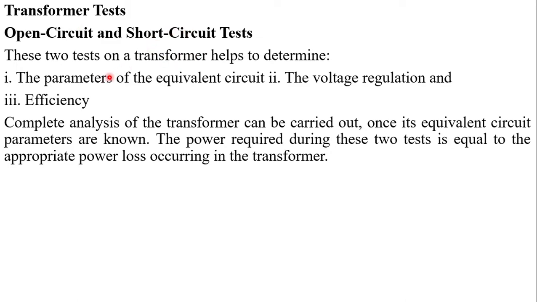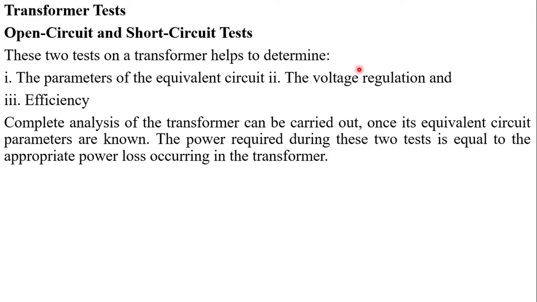These two tests on a transformer help to determine the parameters of the equivalent circuit, the voltage regulation, and the efficiency. These parameters of the equivalent circuit are used to determine the resistance R1, primary reactance X1, secondary resistance R2, secondary reactance X2, and magnetizing reactance and core resistance.